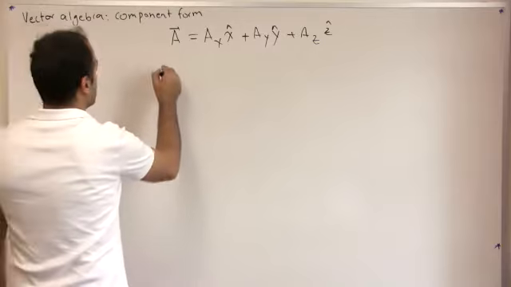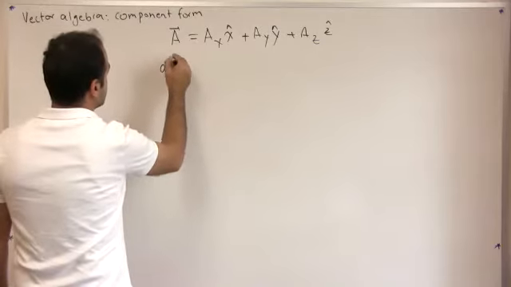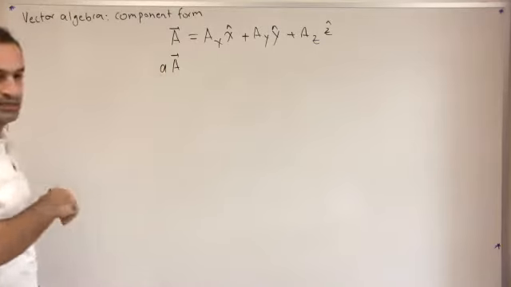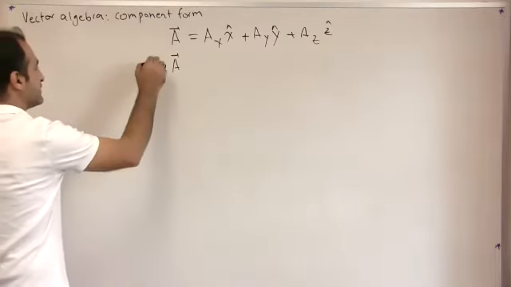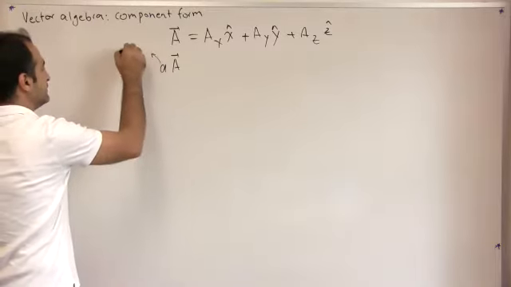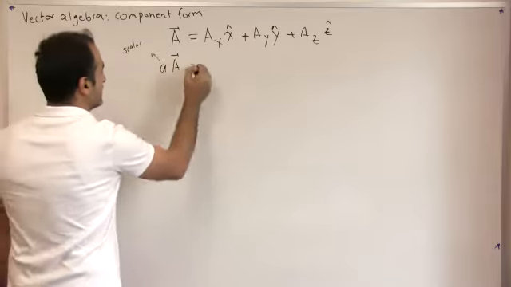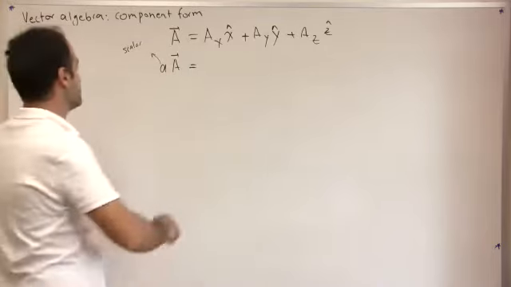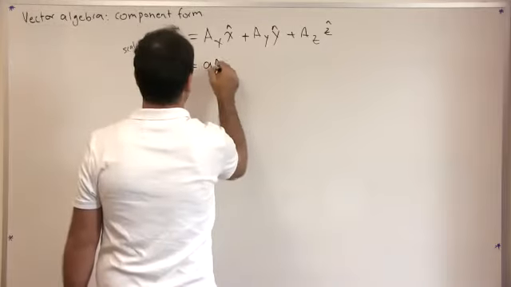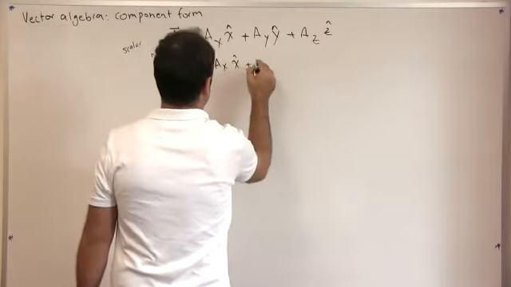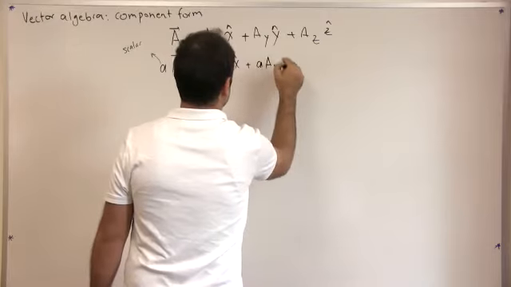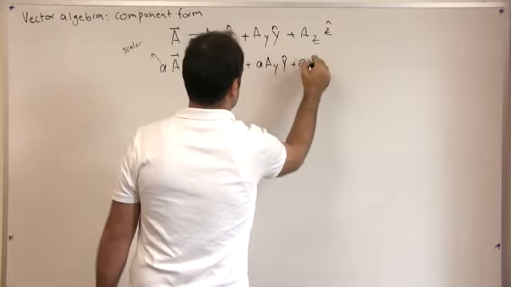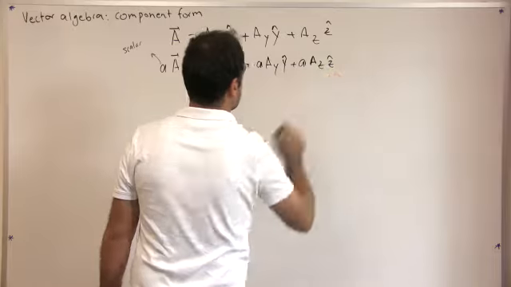If you multiply a scalar, small a, by a vector A, this technically multiplies each of the components. So that becomes a times Ax times x-hat, a times Ay times y-hat, a times Az times z-hat.